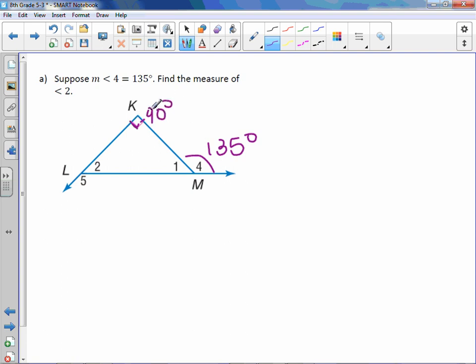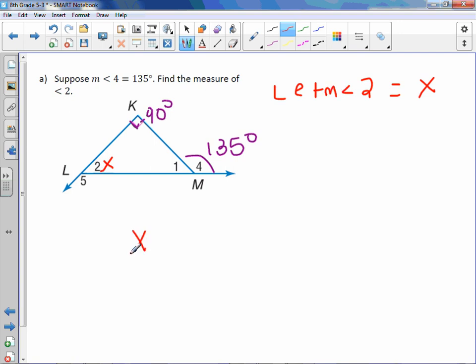So let's see what we can figure out. Let's assign it a variable. Let the measure of angle 2 equal x.